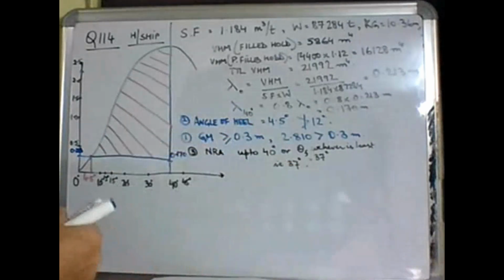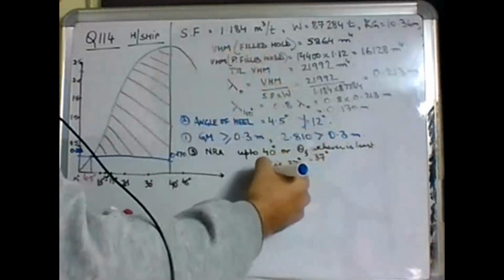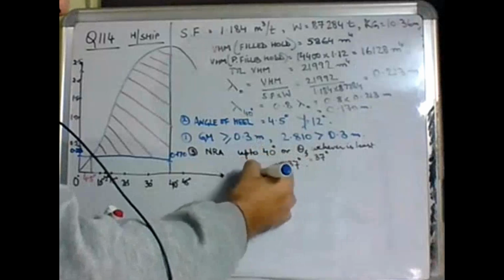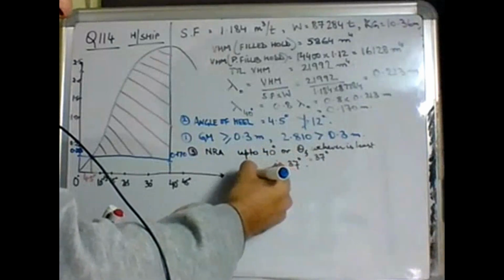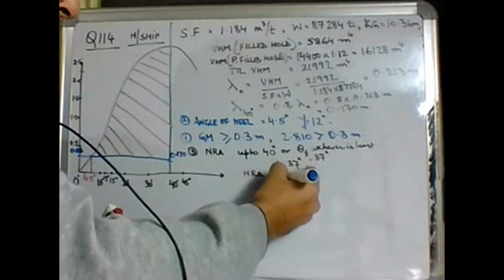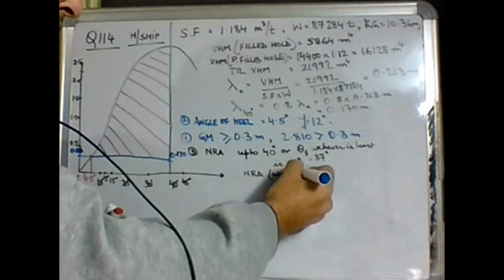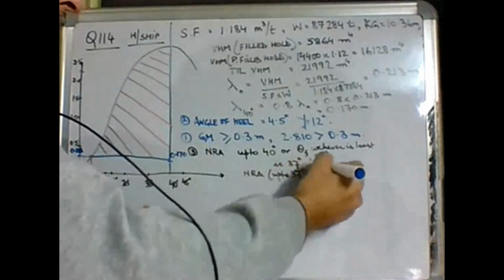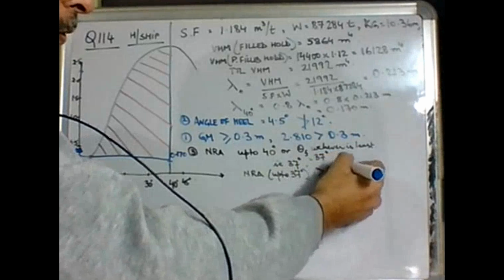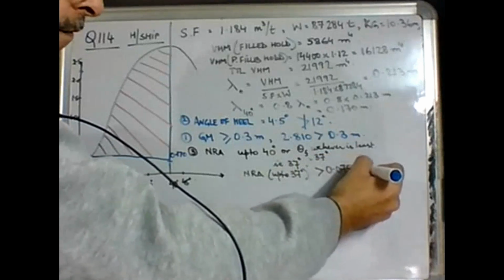This is the requirement. The NRA, the net residual area up to 37 degrees, should be 0.075.